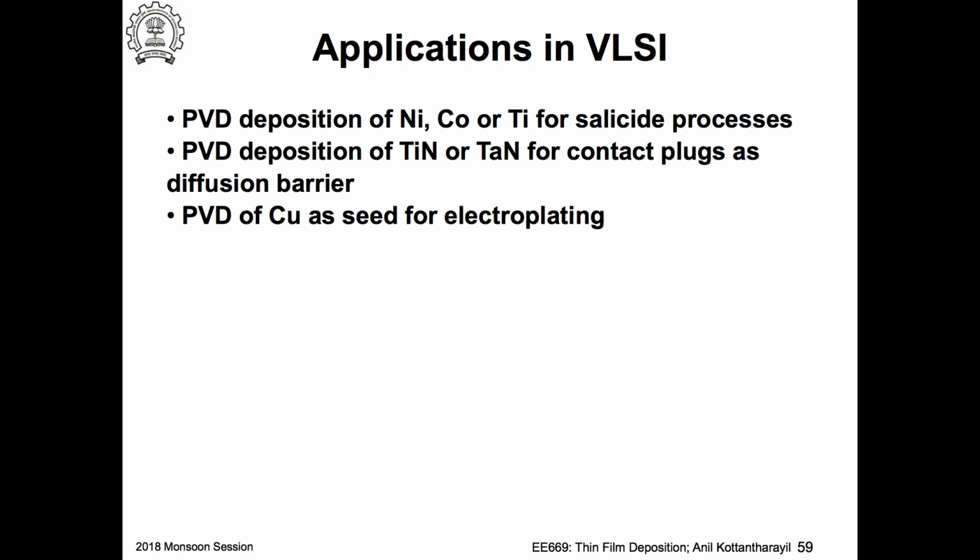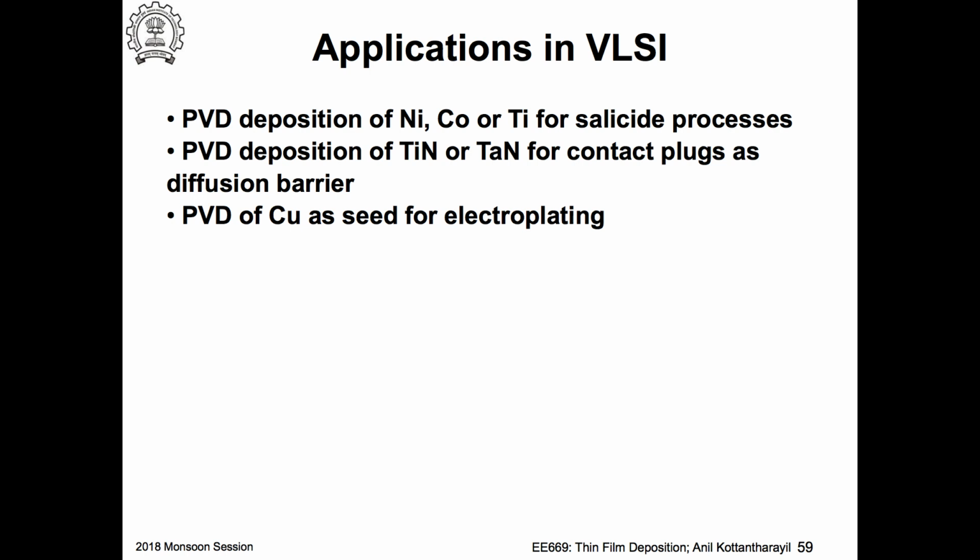Okay, but then for electroplating you need a conducting surface, so you actually would make a very thin film of copper deposited using PVD techniques. Okay, and then on top you electroplate.